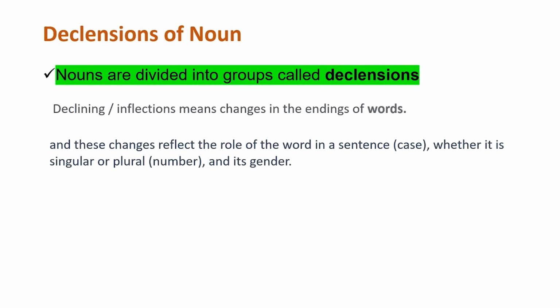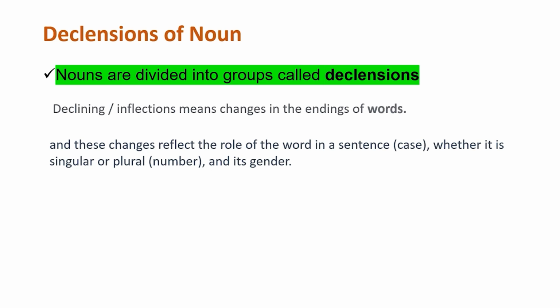Cases indicate the role a noun plays in a sentence. So we are talking about one sentence. What is the role of the noun? Whether the noun is in nominative form or in its genitive form. So we are just talking about the sentence. Whereas in declension we are talking about a group.